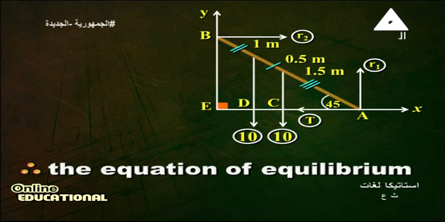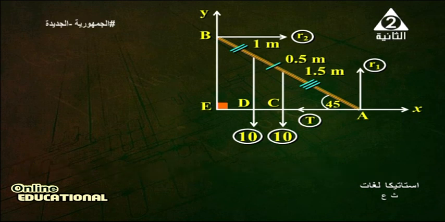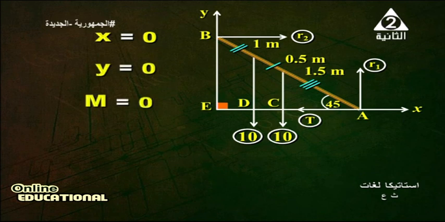The equation of equilibrium: summation of x equals 0, summation of y equals 0, and we need to find the unknowns. We need a third equation by using moment at the point A. Look at, my dear student, summation of x equals 0, y equals 0, moment equals 0.